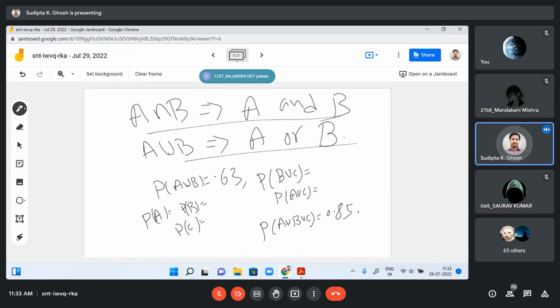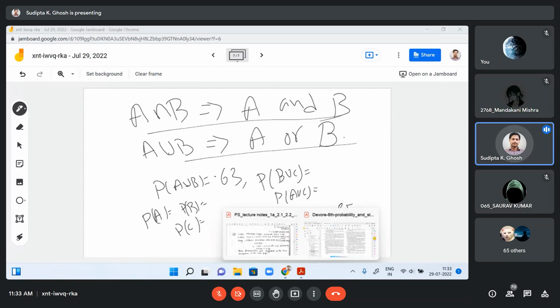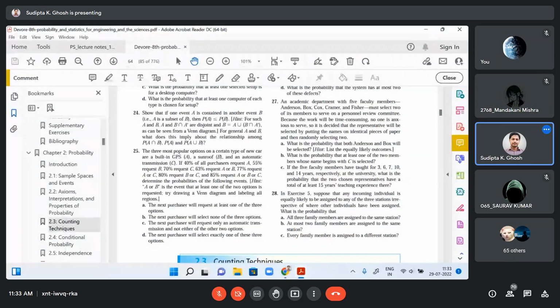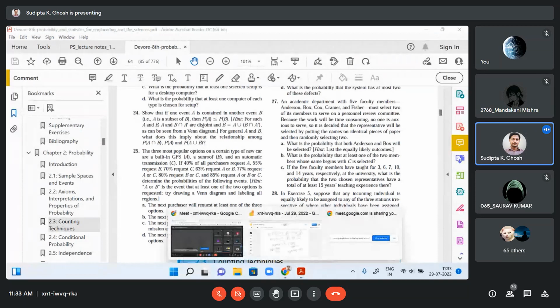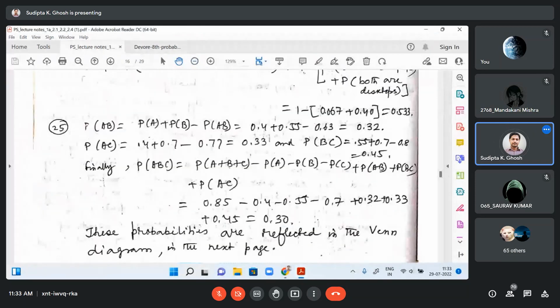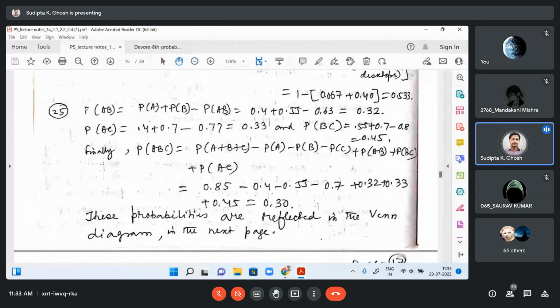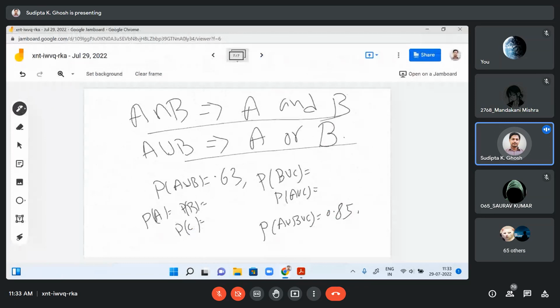Now they are asking some calculation part. First we are going to calculate something, and on that basis we do everything. First we are interested to calculate probability of A intersection B. Can you calculate it from the given data?